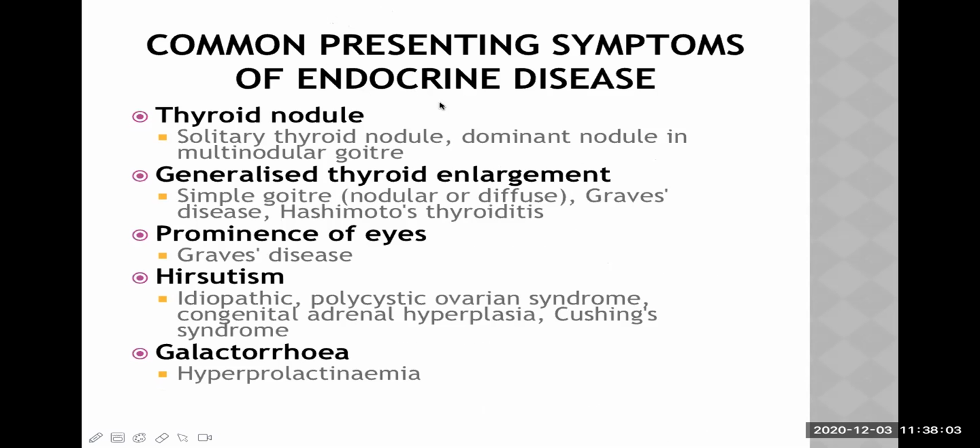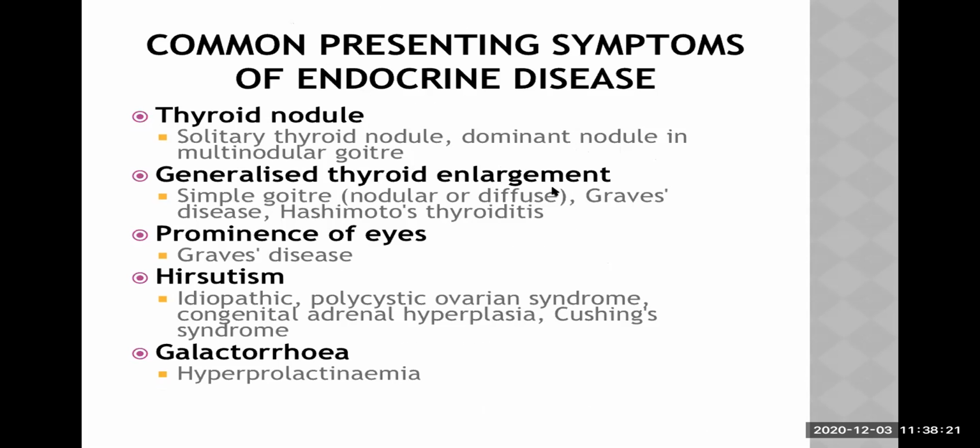Now, some other common presenting symptoms of endocrine disease are thyroid nodule, especially seen in thyroid disorders, like in a solitary thyroid nodule, a dominant nodule in multinodular goiter, or maybe a thyroid tumor.